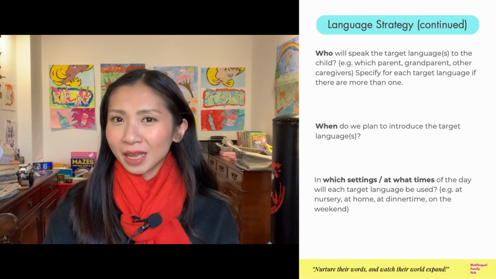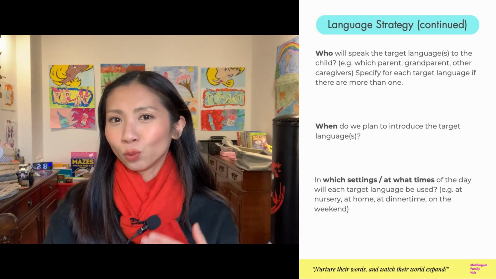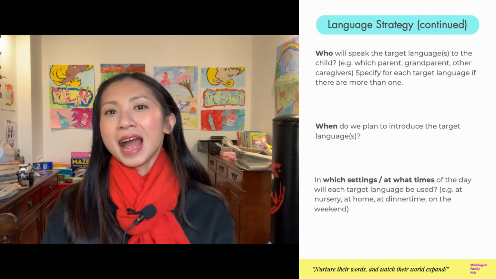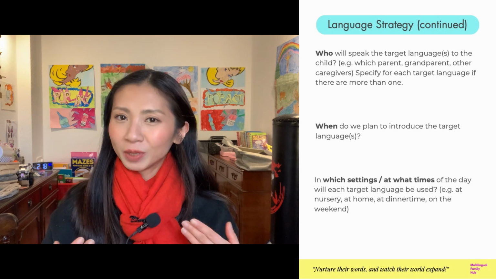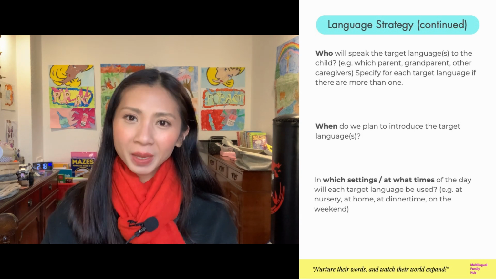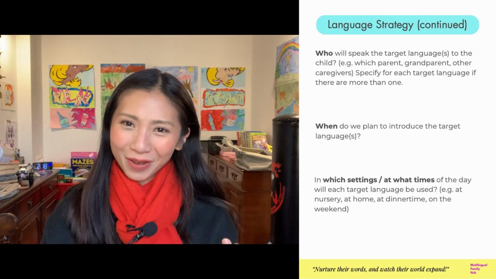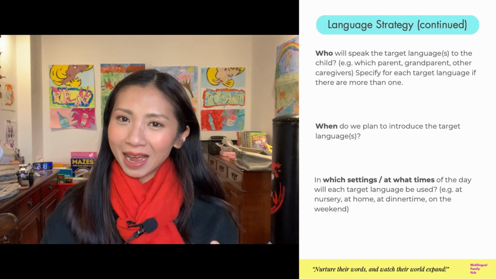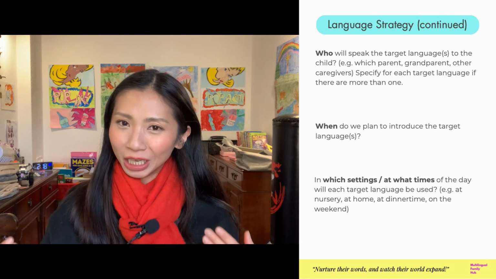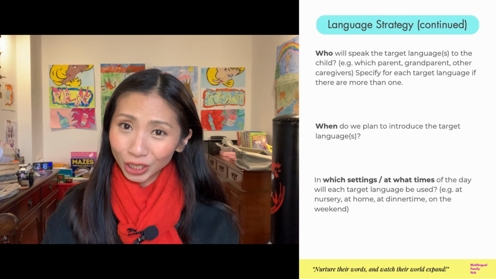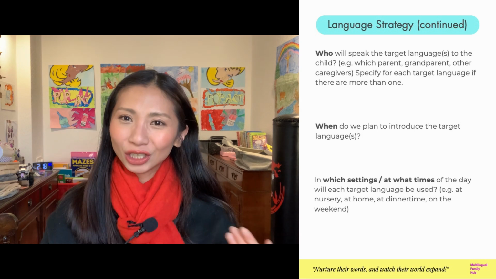You might want to write down that at home you only speak French, and on the weekend you only speak German, and at kindergarten your child will speak English, and so on and so forth. Obviously, this is just a hypothetical example, but the essential idea is that you want to think about how each of the target languages will be used or incorporated into your child's routine.